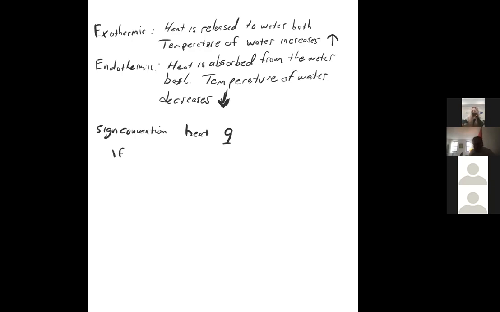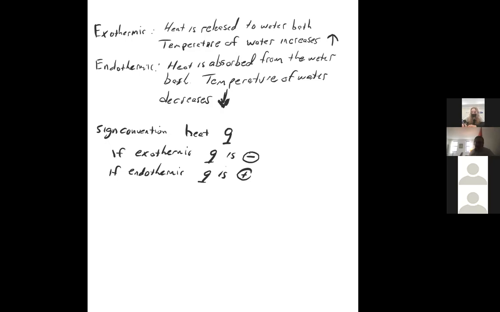If it's exothermic, Q is negative. I'll put a little circle around it. It's negative. If it's endothermic, then Q is positive.